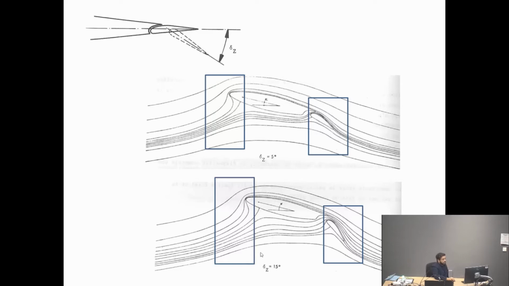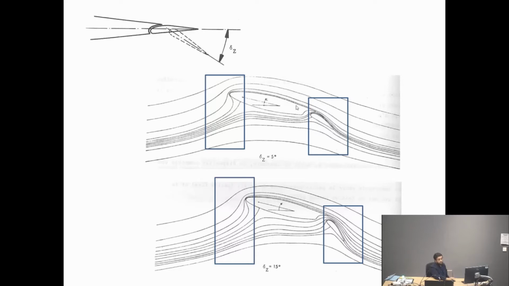And as I said, this is just a rough sketch of the streamline structures. Here I'm showing you the streamlines in terms of their deflections at 5 degree flap deflection and 15 degree flap deflection. Do you agree with me that there is more deflection of the streamlines at higher deflection angles? Yeah? Can you see that?